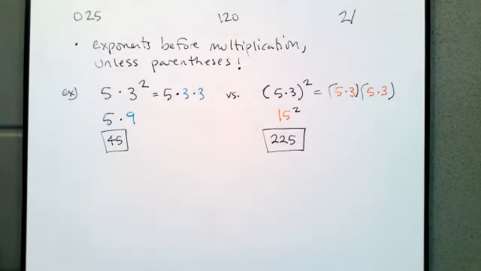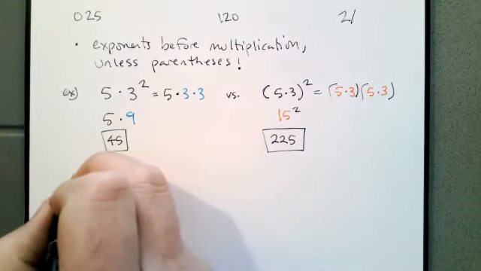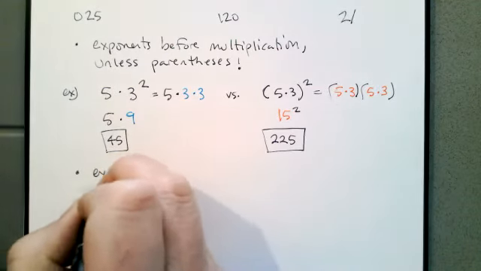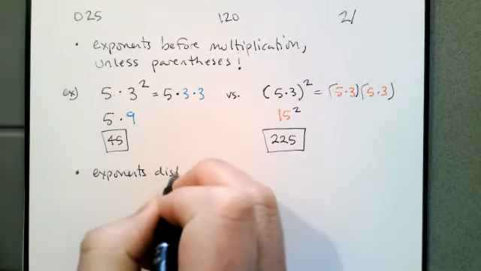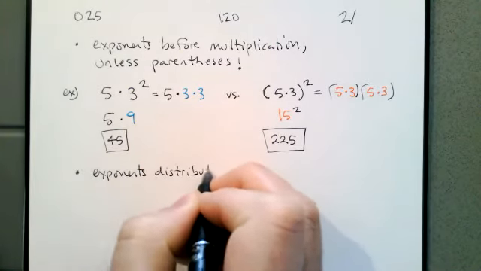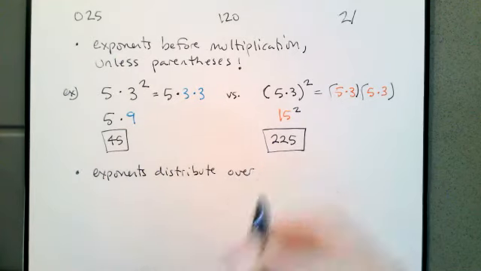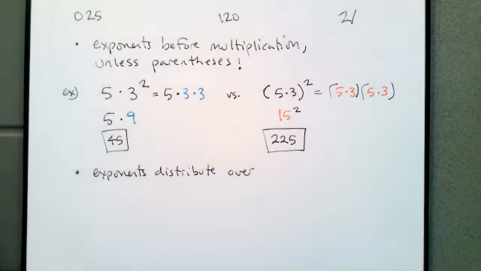Now the next one is exponents distributing. Exponents distribute over some operation. So think about the parallels we've had with multiplication and addition, and how I just drew some parallels between exponents and multiplication.